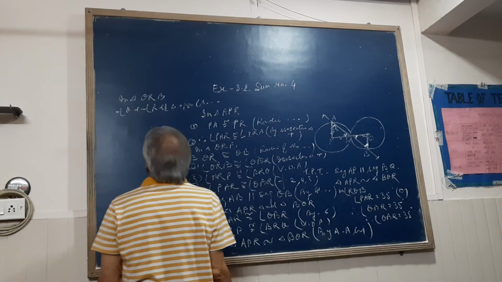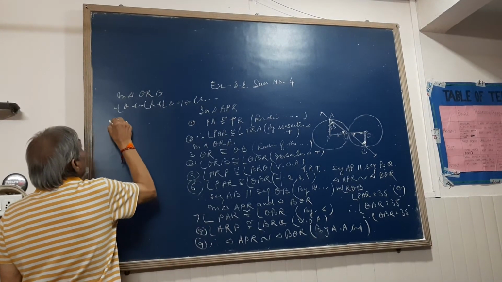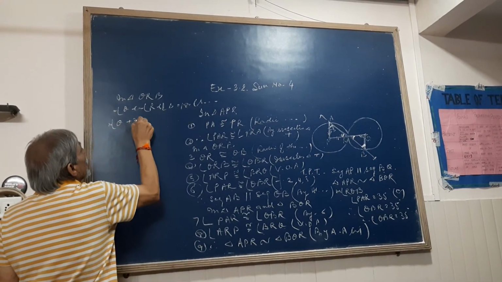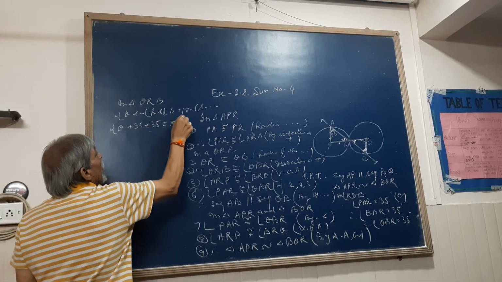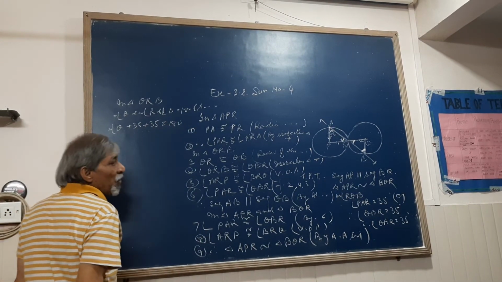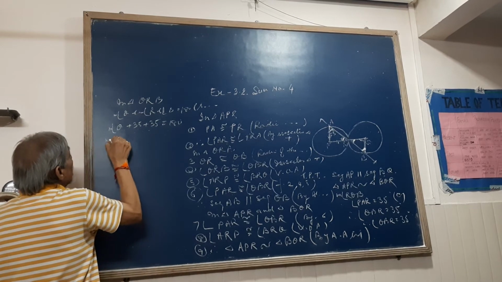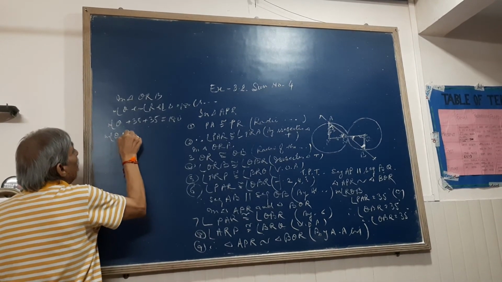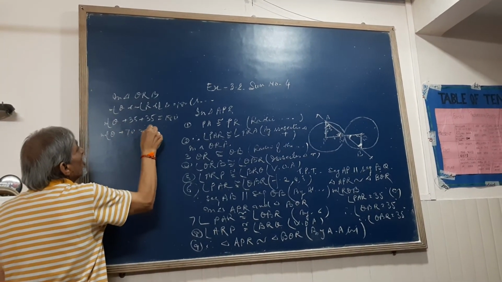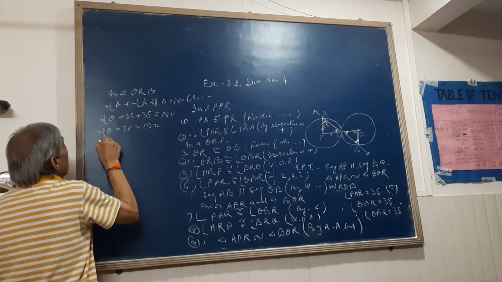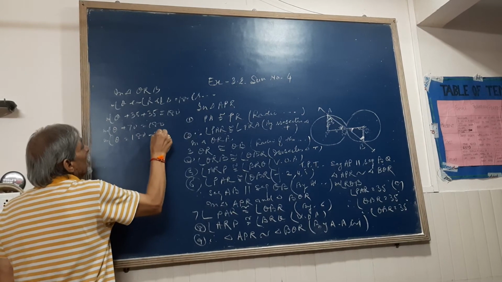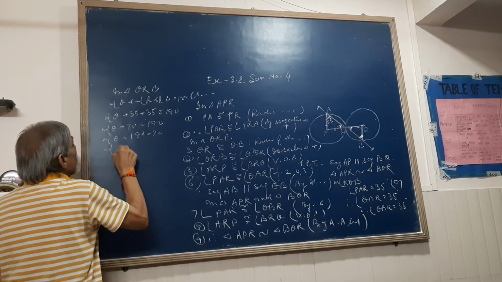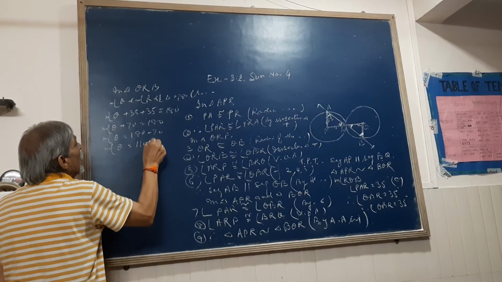Q is not given. So measure angle Q plus 35 plus 35 is equal to 180 degree. 35 plus 35 is 70. Measure angle Q plus 70 is equal to 180. So measure angle Q is equal to 180 minus 70. That is measure angle Q is equal to 110.